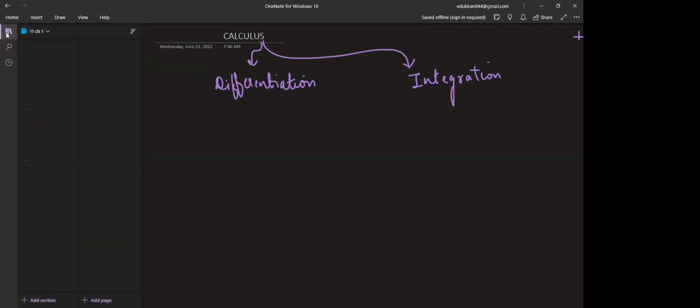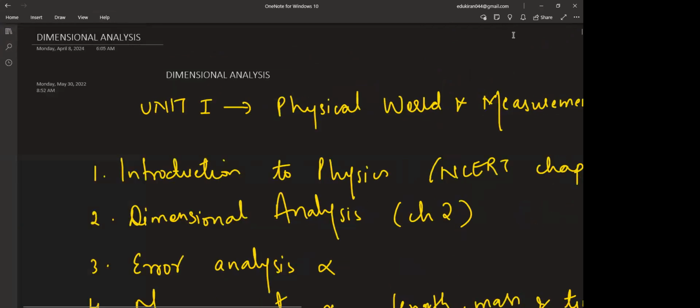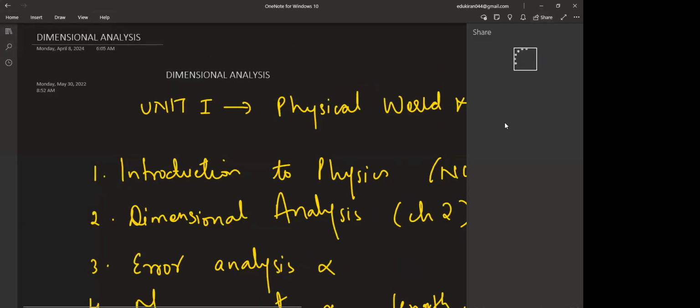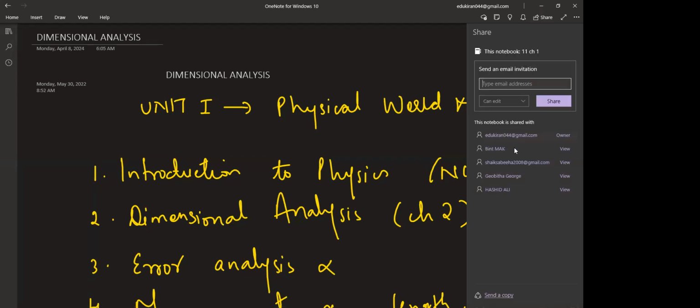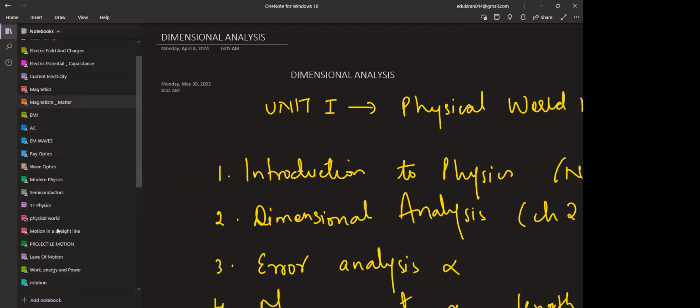Otherwise, I have shared the rest of the portion also. This is the email. Then this is your Harshid Ali. I'll check again. Okay, yes, check again, Harshid, and confirm, because Zainab has also received it.